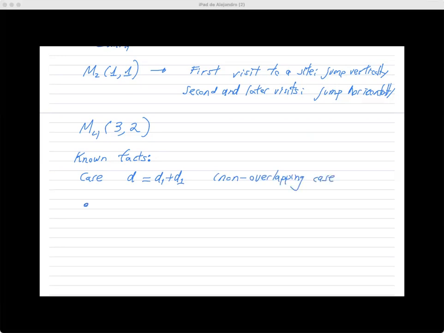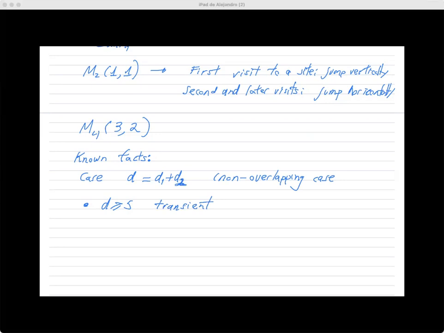It's not difficult to see that if the dimension is large enough, if actually the dimension is larger than or equal to 5, then the walk is transient. This is simply because if d is larger than or equal to 5, either d1 or d2 will be larger than or equal to 3.